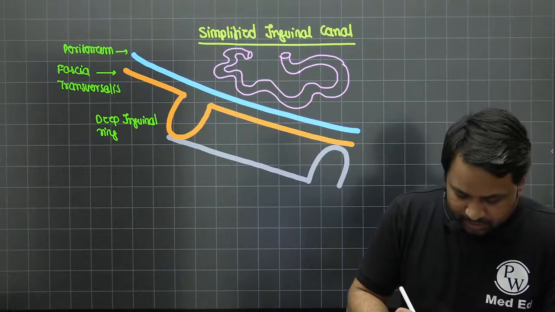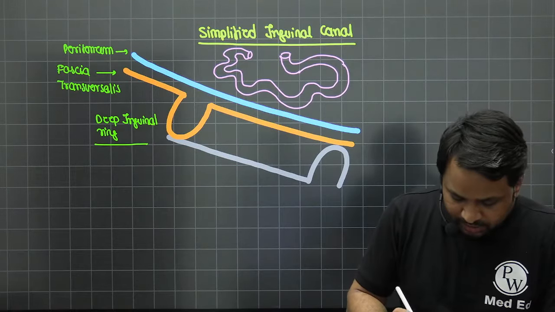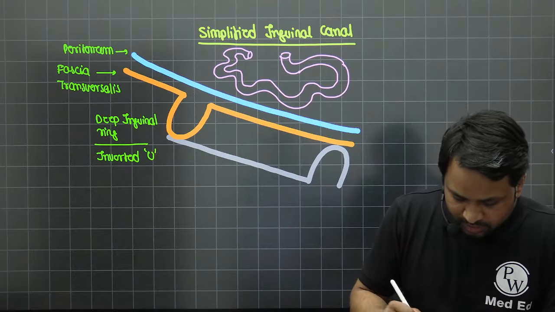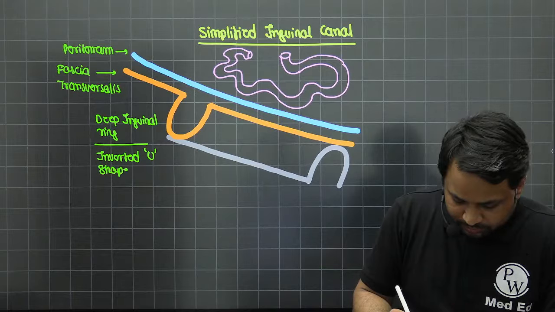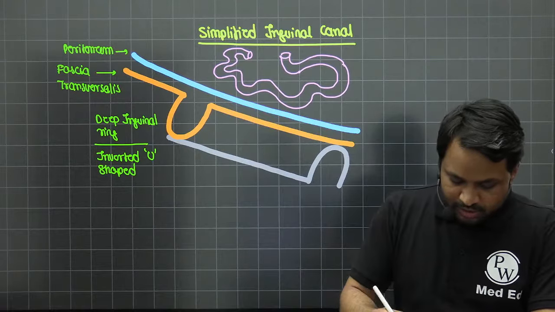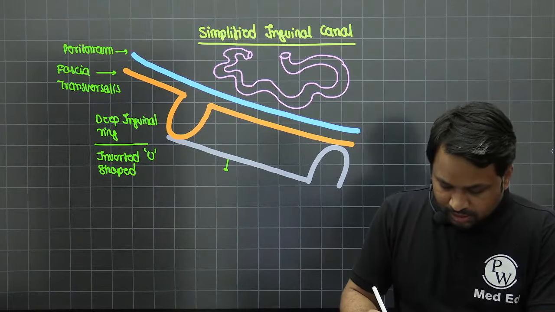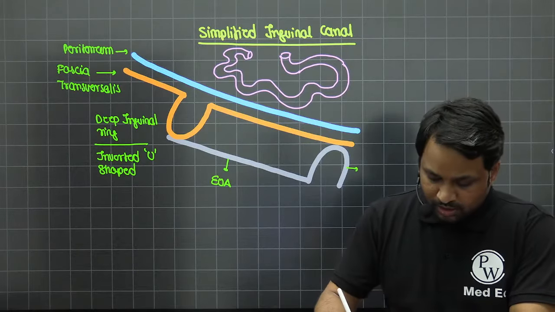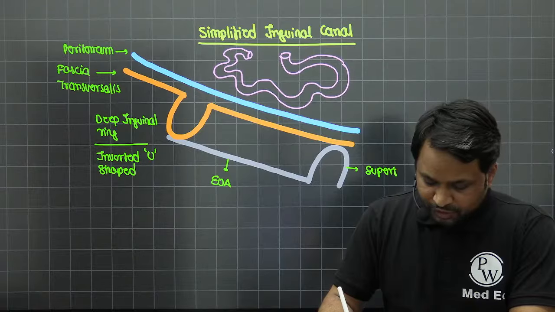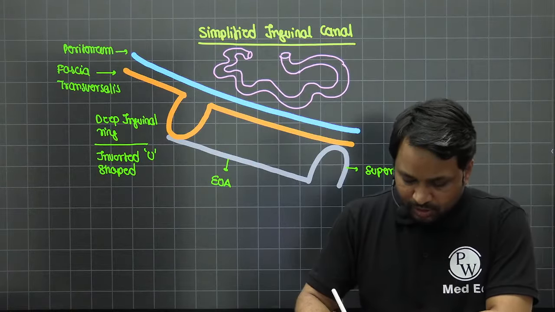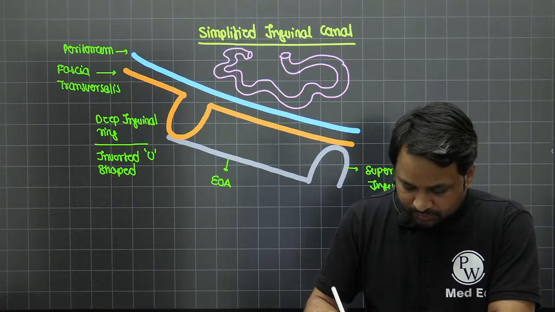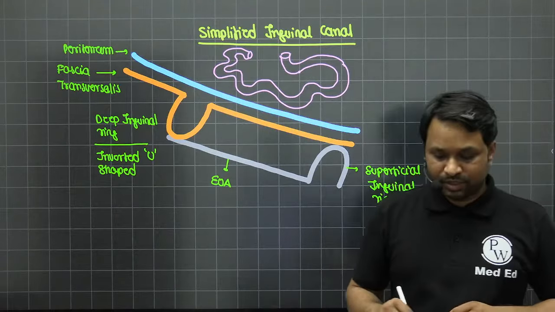Now, deep inguinal ring is going to be an inverted U shape. This is the deep inguinal ring. This is your external oblique aponeurosis. This happens to be your superficial inguinal ring.